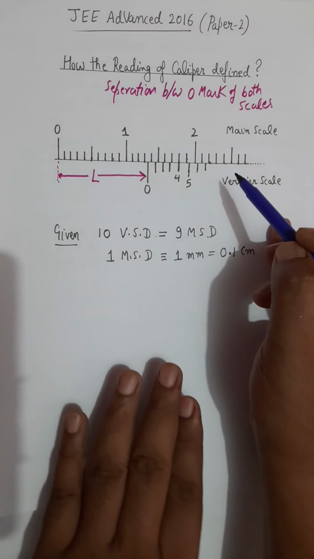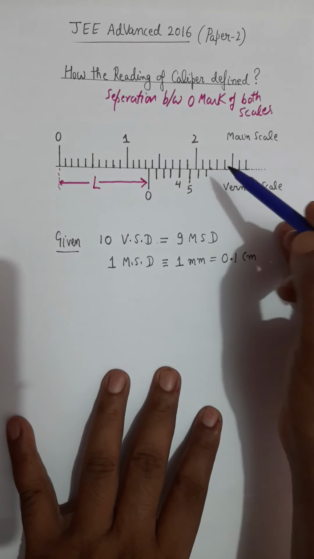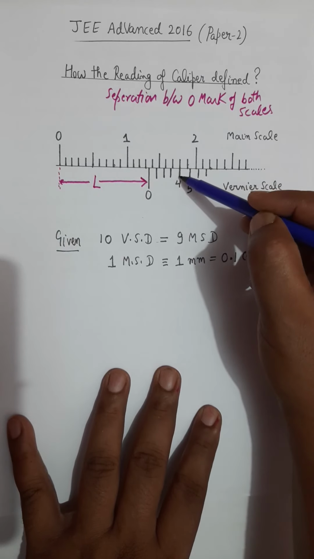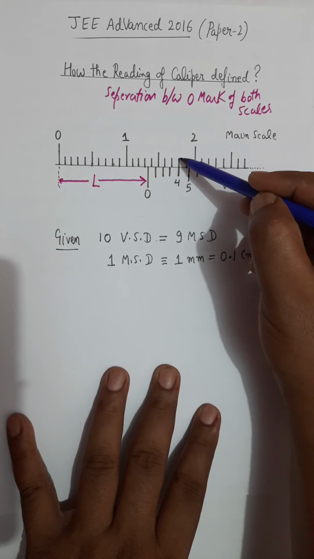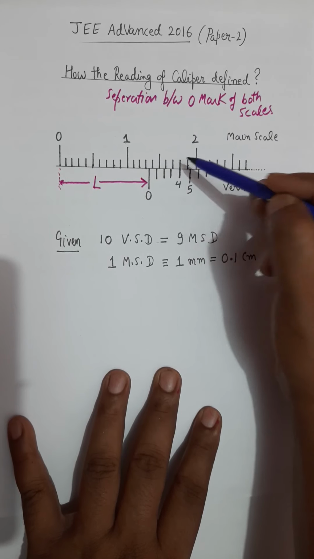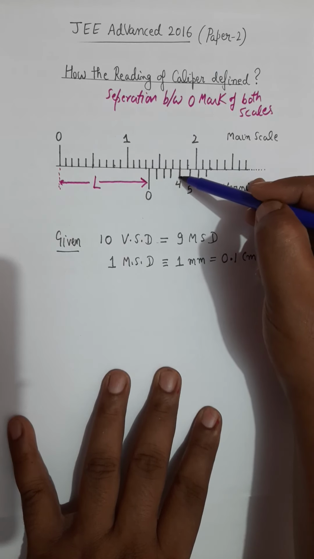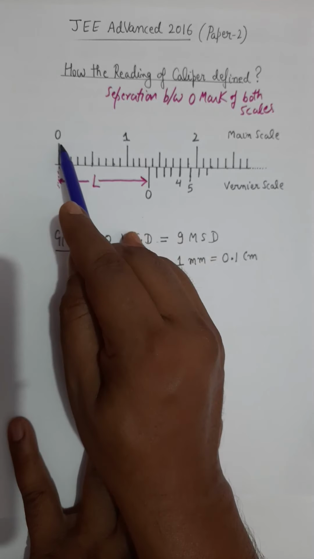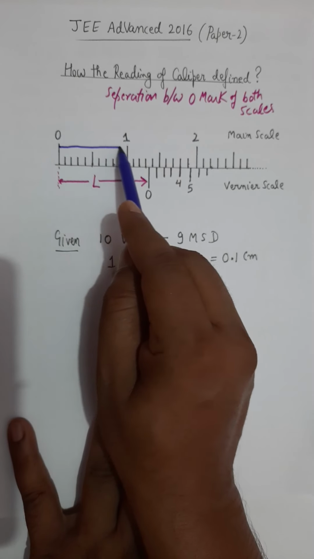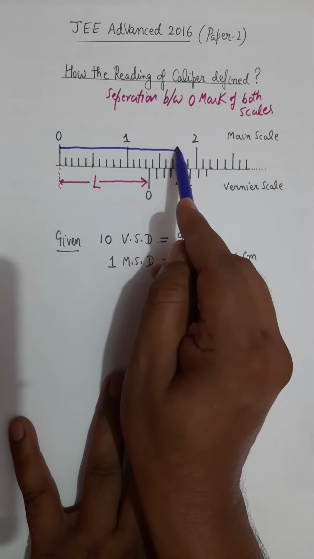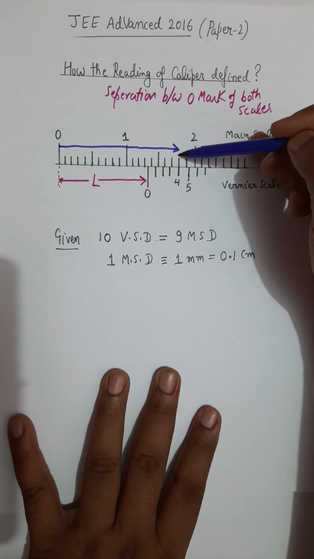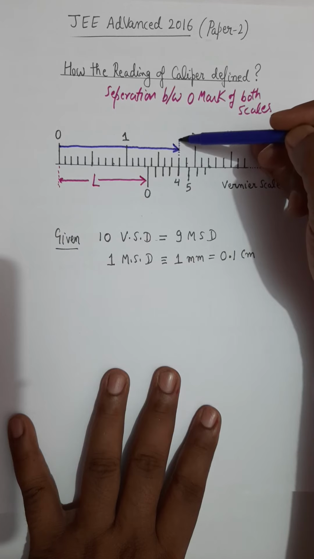In this present diagram, I have taken one example where the fourth division of my Vernier scale coincides with the main scale. From the upper scale we can find the reading up to that mark where our Vernier scale coincides.